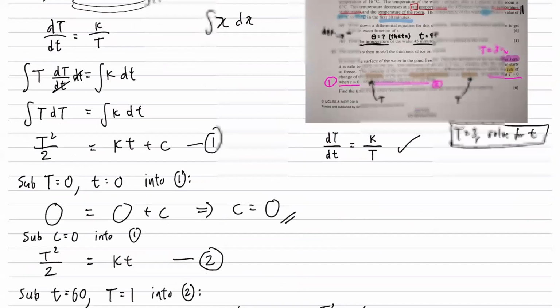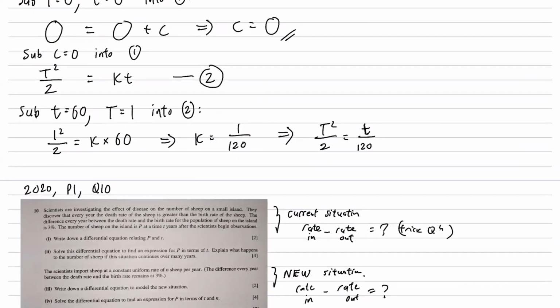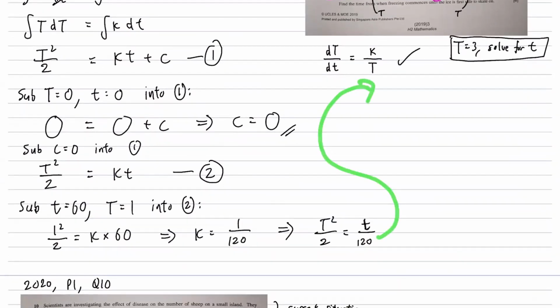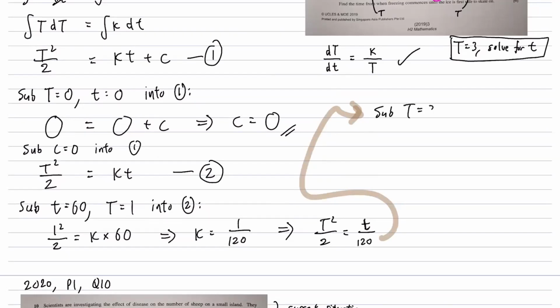Okay, so now we're going to do that. No space, so I'm going to squeeze the working here. So now sub T equals 3. First safe to skate on, the first point in time when it's safe to skate on. So now you get 3 square over 2 equals t over 120.